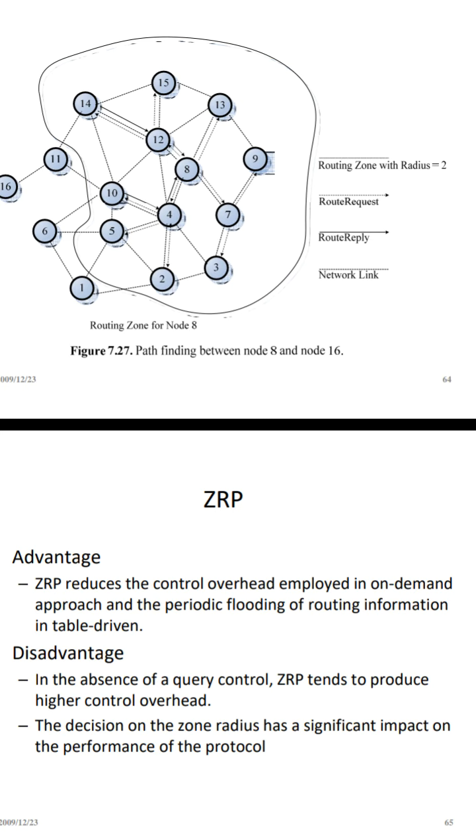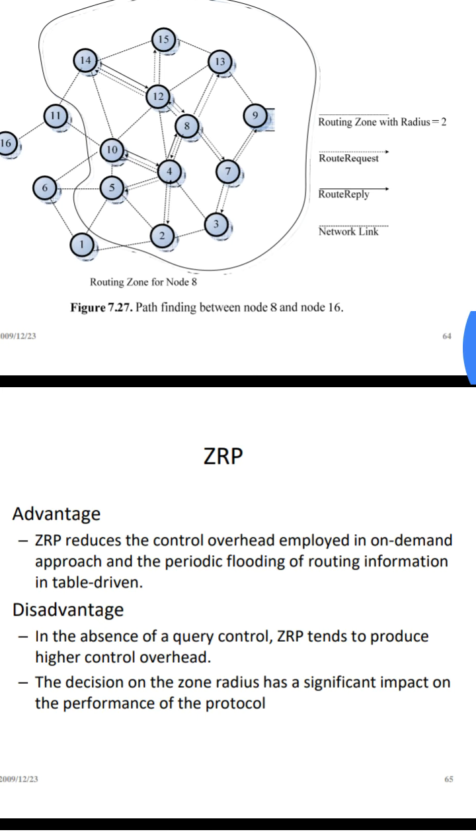Next, there are some advantages of the zone routing protocol. ZRP reduces the control overhead employed in the on-demand routing approach and the periodic flooding of routing information in table-driven routing. That is the first advantage, so here we can reduce the control overhead.